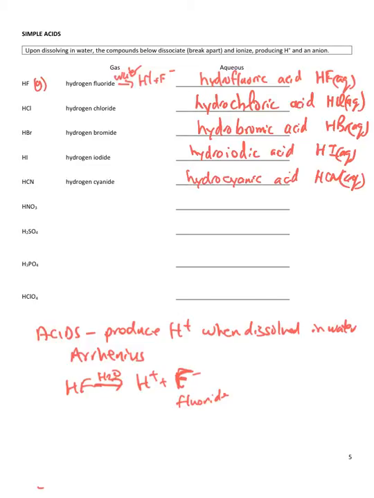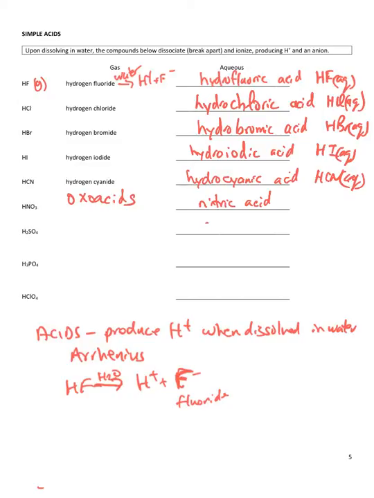There are some other acids that you need to be aware of. These are all going to be oxoacids, so classified because they have oxygen in them. And so HNO3 is going to be nitric acid.